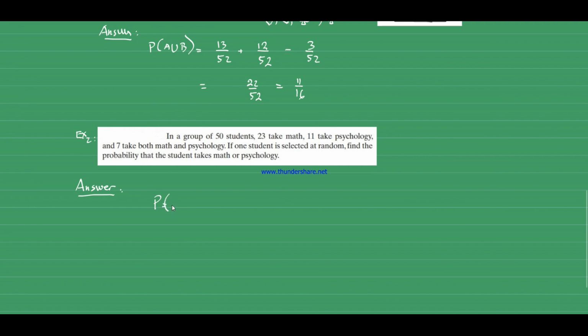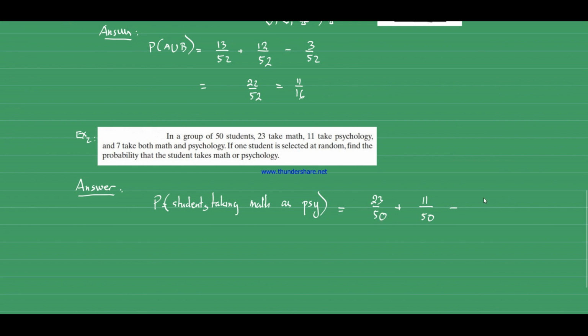So the probability of a student taking math or psychology will be the probability of a student taking math, which is 23 over 50, plus the probability of taking psychology, so 11 over 50, just 50, not 52.